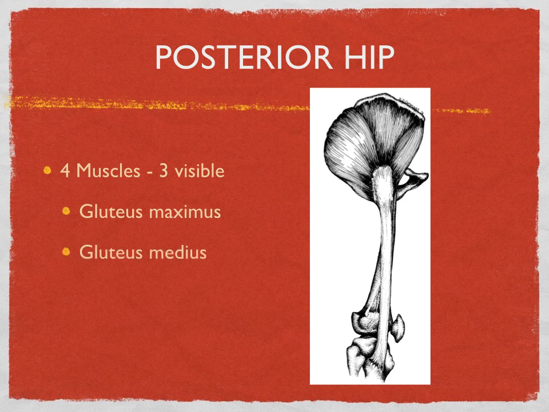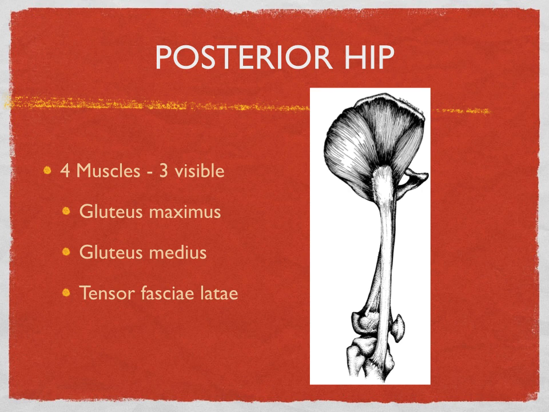Gluteus medius is the one right next to that, attached right up close to the iliac crest. And then the little slender muscle to the front is the tensor fasciae latae. That muscle is smaller and toward the anterior side, but it's still on the lateral side of the bone, which is still within the posterior location.